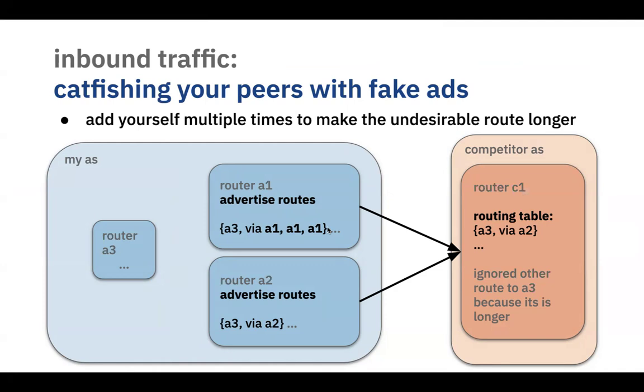In that case, this route will be less preferred over a shorter route. So when we advertise both of these routes, our neighboring ASs will select the routes that we want, the ones without extra dummies in them.